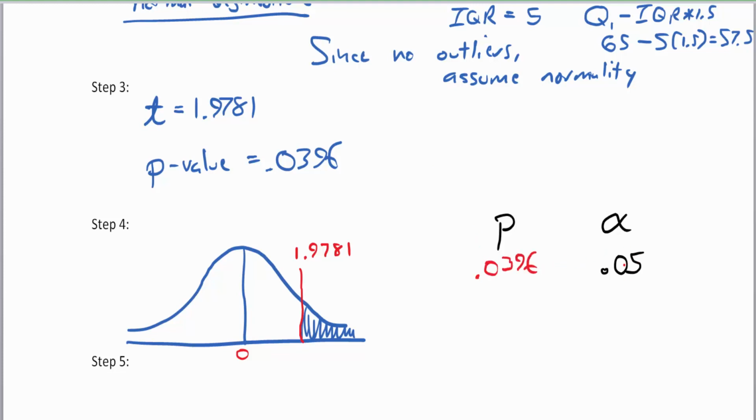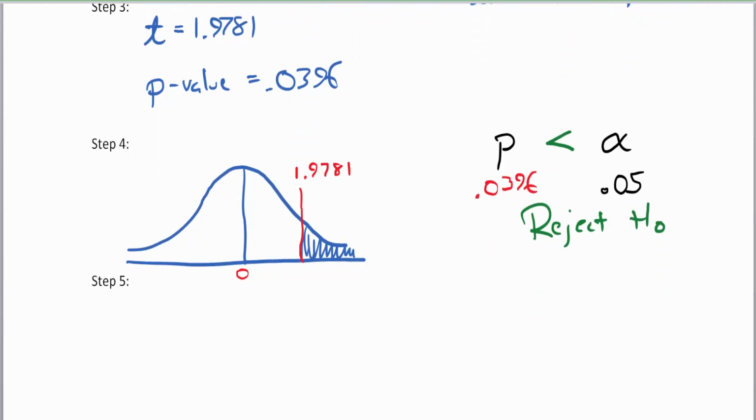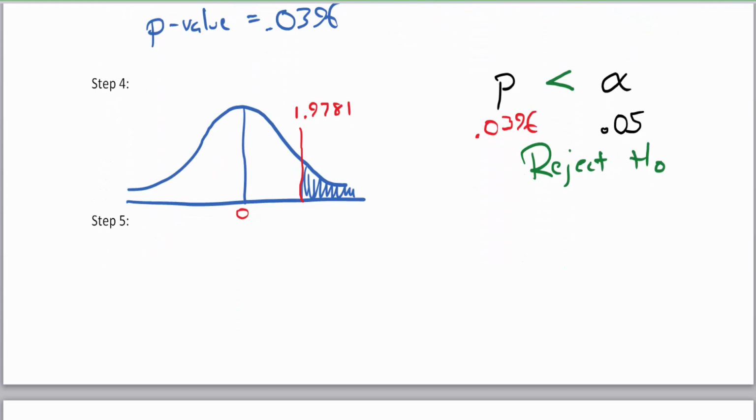Now remember, your alpha is your chance of making a mistake, and if your rare event had a less likely chance of happening than making a mistake, you're going to question the null hypothesis. And ladies and gentlemen, you can see that 3.96% is less than 5%, so this means we reject the null hypothesis. Because according to the rhyme, if the p-value is low, you got to let the null go.